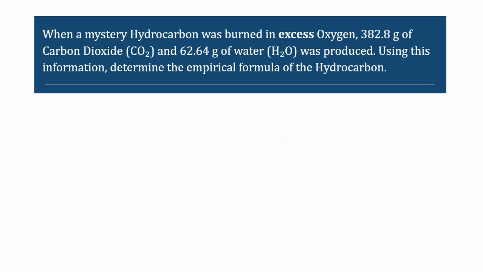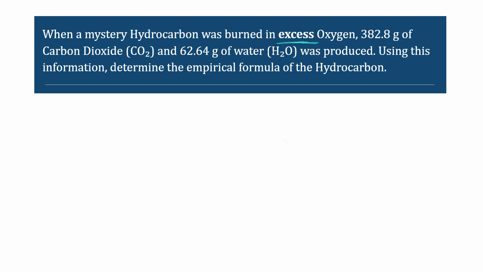And what are some of the things we can assume based on the question? Okay, so this question tells us that the hydrocarbon was burned in excess oxygen. The implication is that a complete combustion took place. And what does that mean?